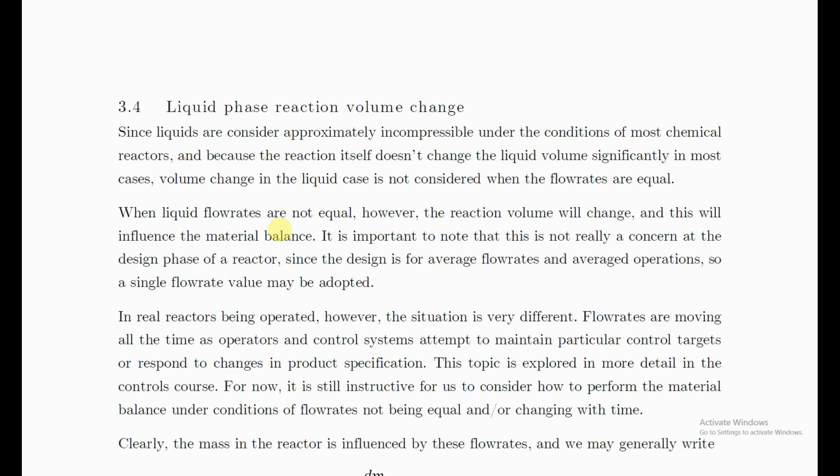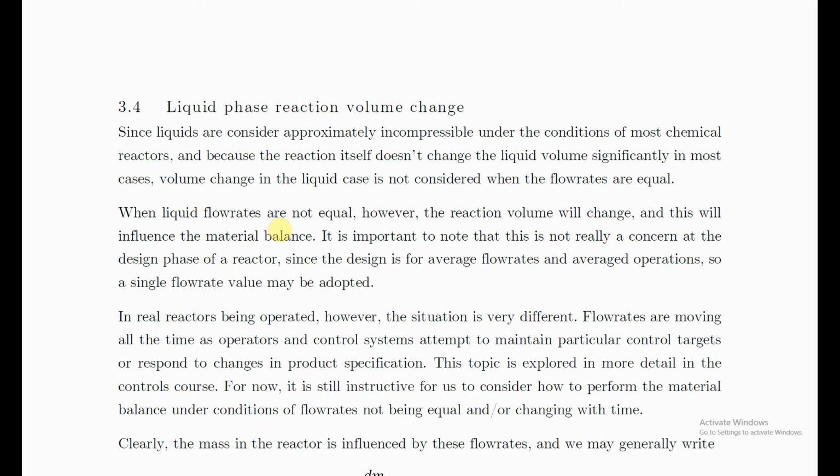When species are in the liquid phase, the volume that they exert doesn't influence the bulk liquid as much as it does in the gas phase. In the gas phase, with the molecules freer to move around, yes, there is this volume expansion. But in the liquid, we don't really see that happening. The change is so slight, so negligible, that we are not really worried about the reaction influencing our reactor volume.